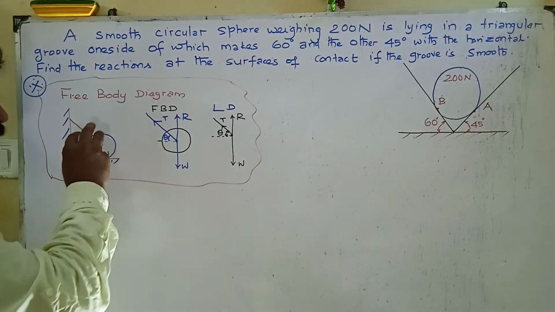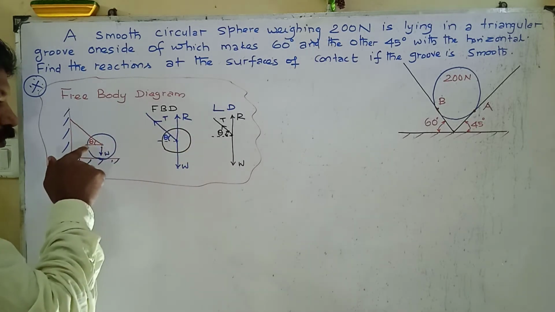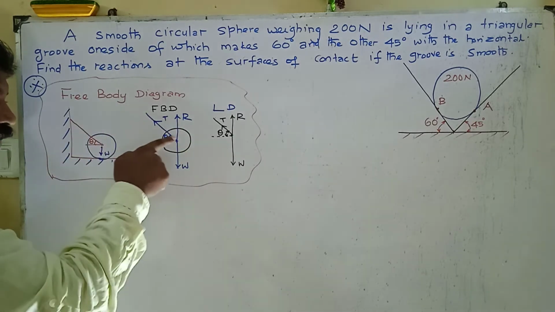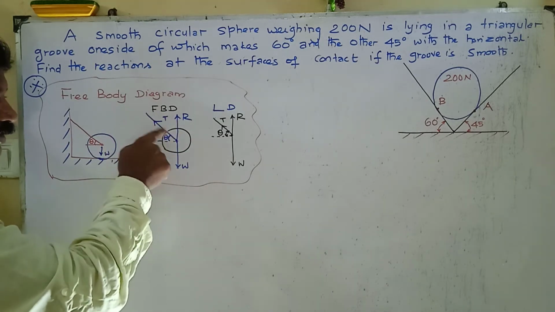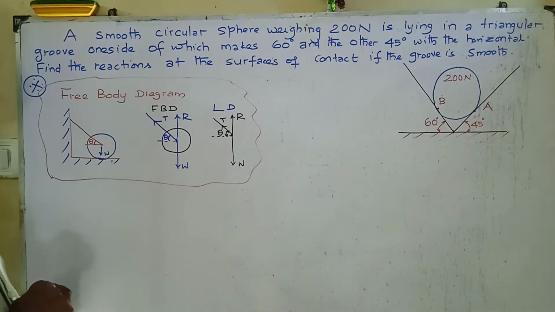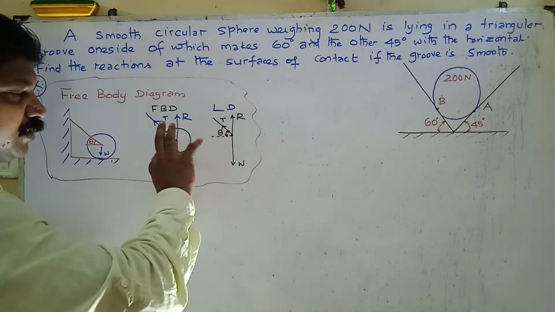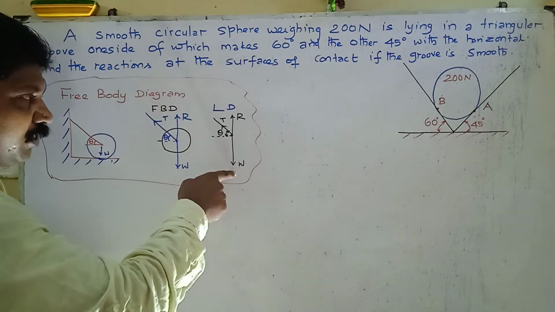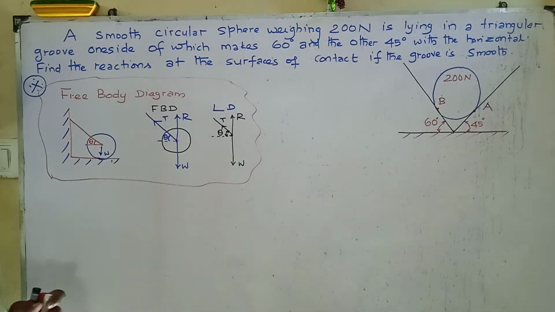So isolate the main body, the ball of weight W. What are the forces acting on that ball? Weight of the ball, reaction in the opposite direction, and tension in the string T at inclination theta with horizontal. Now convert the FBD into a line diagram. Remove the ball: weight of the ball, reaction, tension in the string, inclination with horizontal theta.